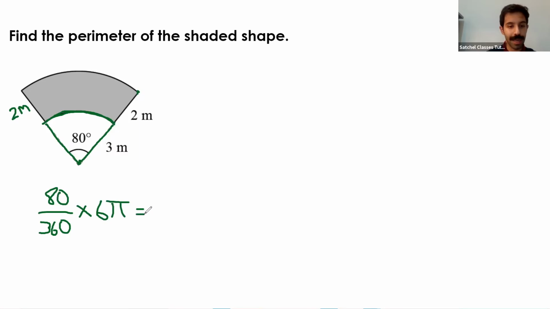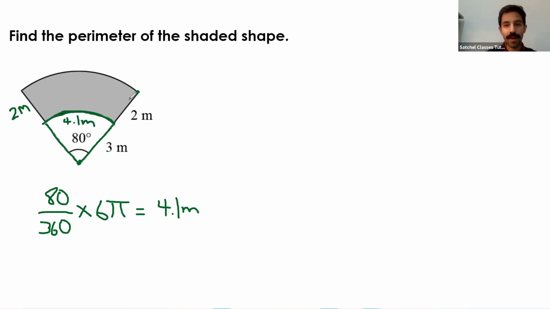If we type that into our calculator, 80 divided by 360 times 6 pi will give us 4.1 meters. So this distance, or this arc length, is 4.1 meters.